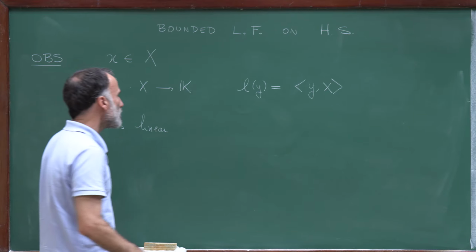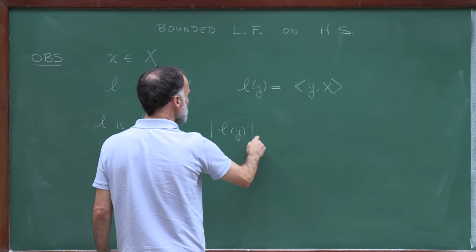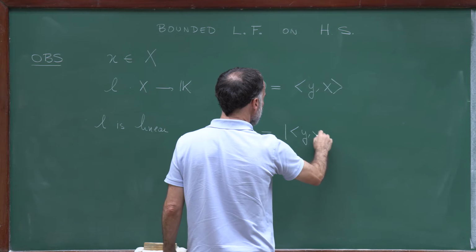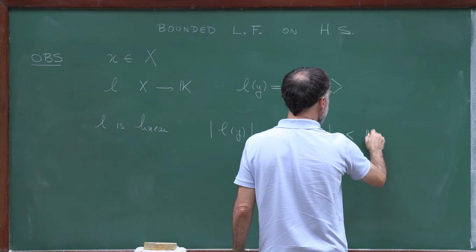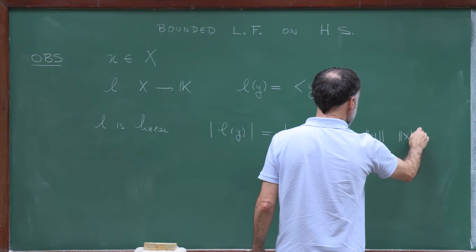And that L is bounded, well, if you take L of y, the absolute value of that, it's the absolute value of the scalar product. And this, by Schwarz inequality, is bounded by the norm of y times the norm of x.